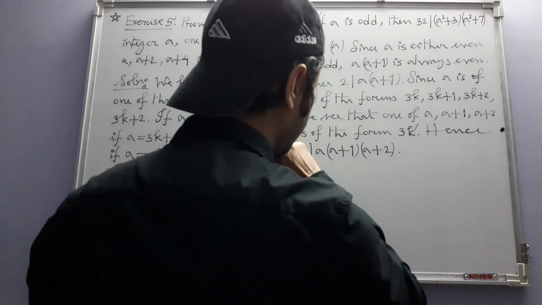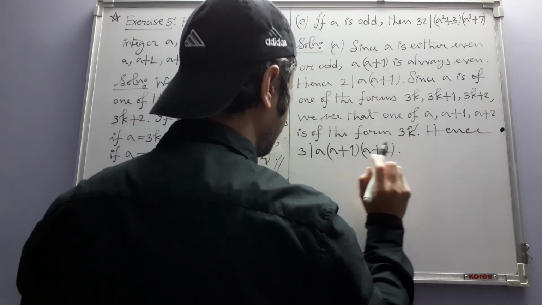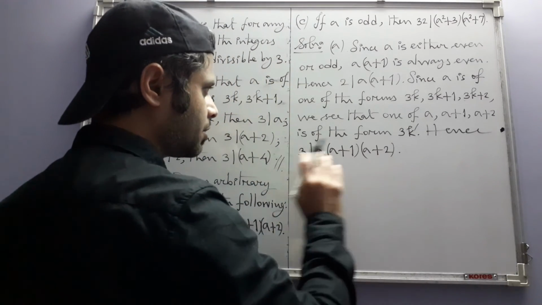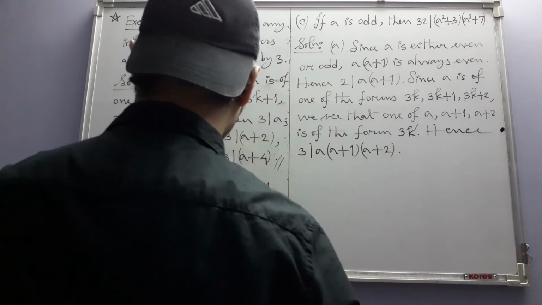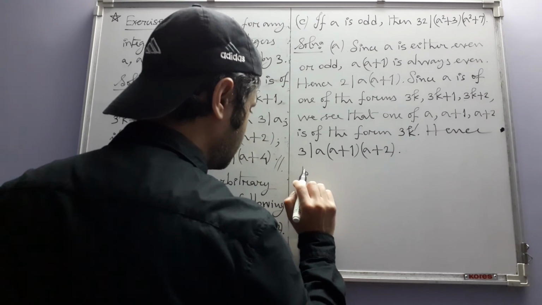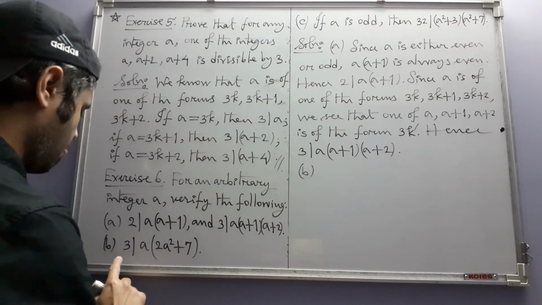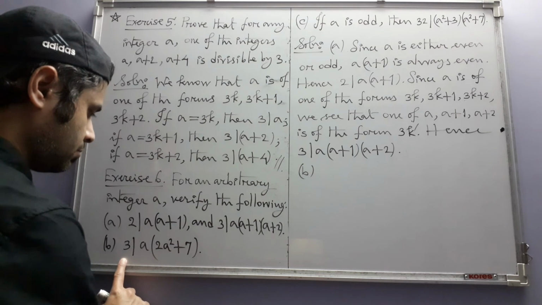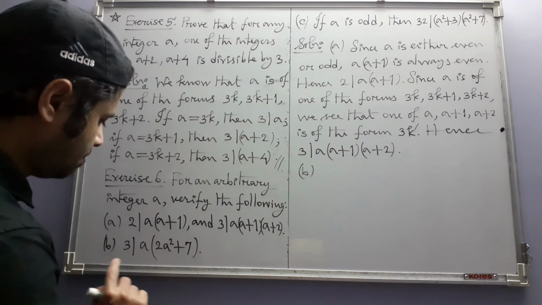Try to see that. Try to think of why that is true, and it follows from this type of reasoning. Okay, now part B. In part B we have to prove this.